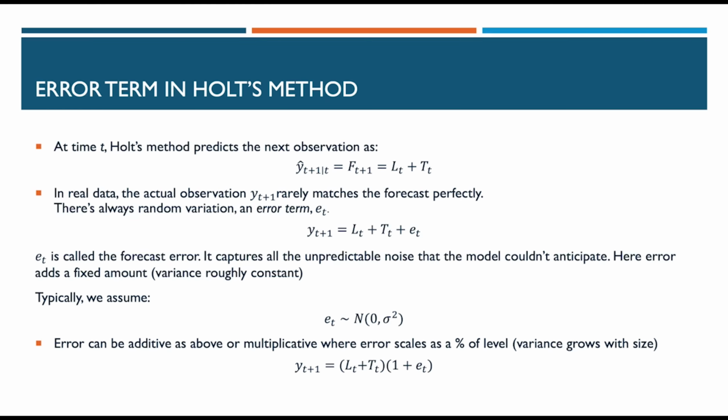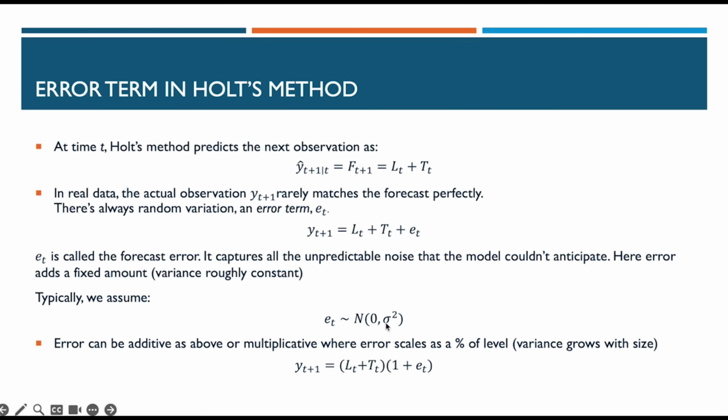But if it's additive, we are adding a constant value, and typically the variance is constant. We assume that the error follows a normal distribution with mean 0, standard deviation sigma, and variance sigma squared.